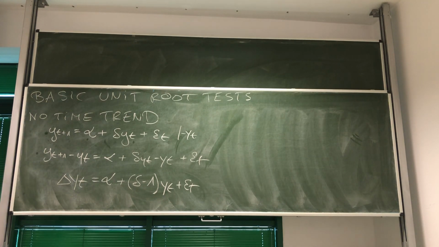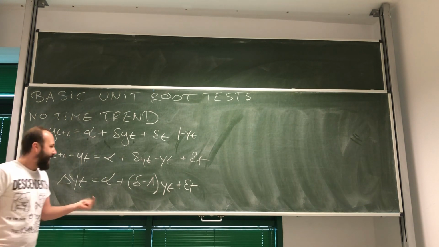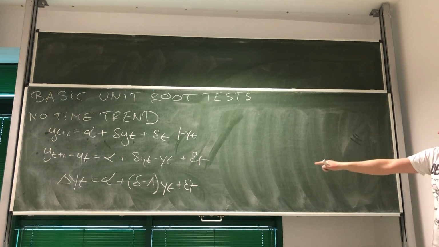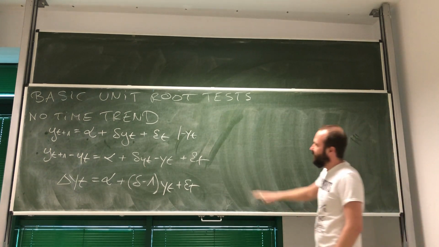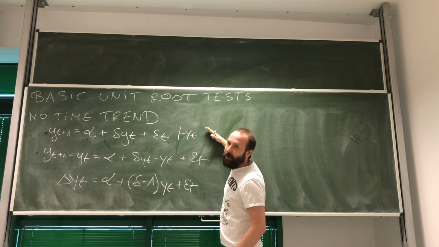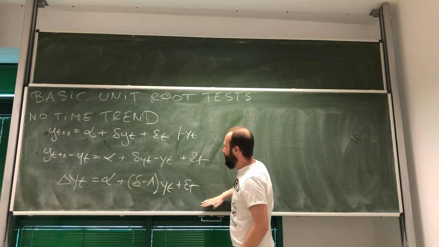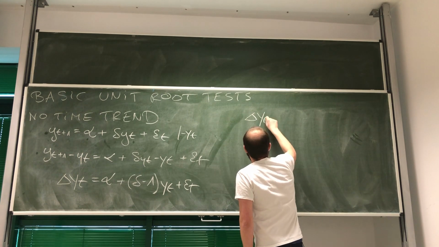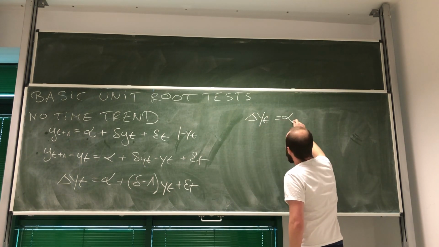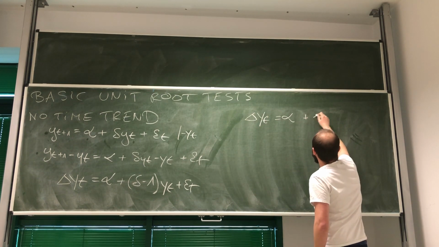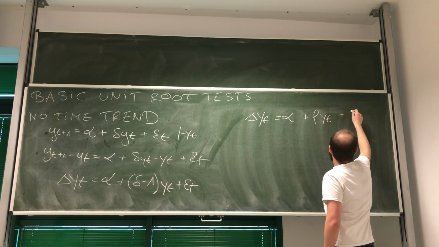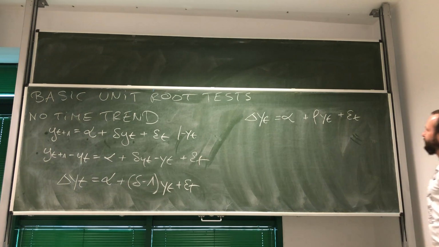Okay, why did I do this? Because if we estimate a regression that is slightly different than this one but actually equivalent, I can write it in the following way: delta y_t equals alpha plus rho times y_t plus error.